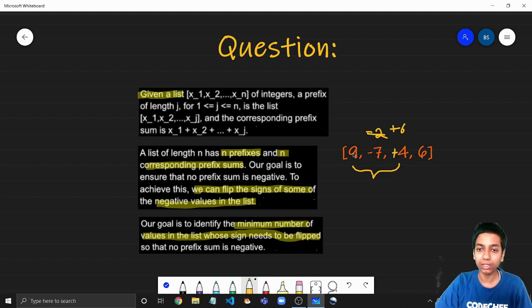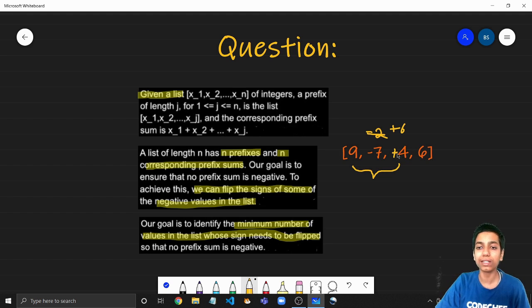Now here note that the prefix sum ending at the first element is 9, so it is positive. Till minus 7 it's 2, so again positive. Here we have inverted the sign of minus 4 and now it's plus 4. So here the sum we saw was plus 6, again positive. And till 6 also the sum becomes plus 12, that is positive.